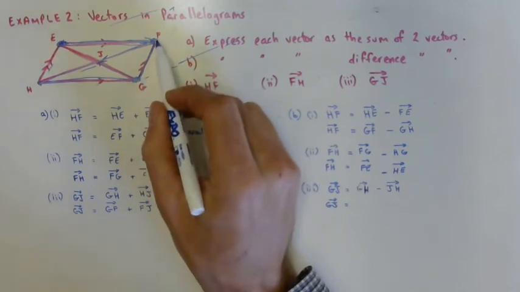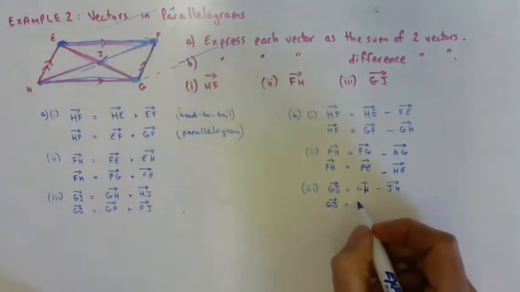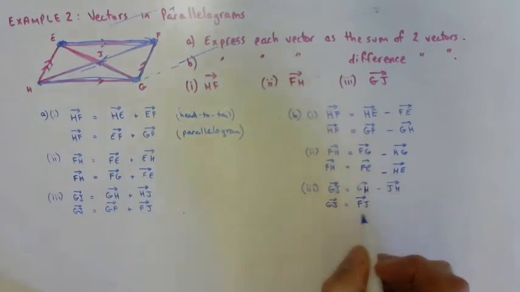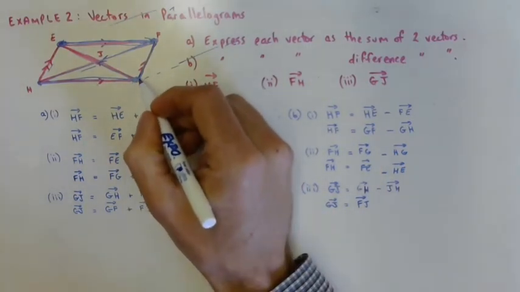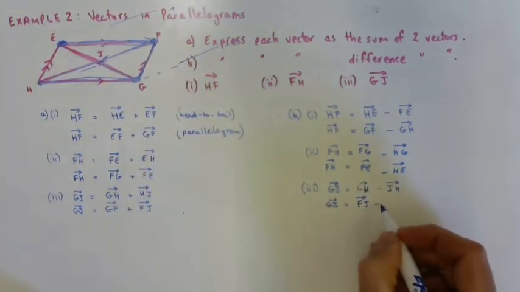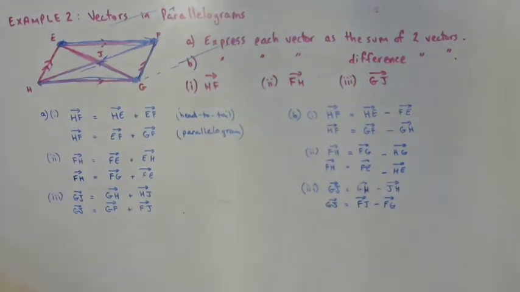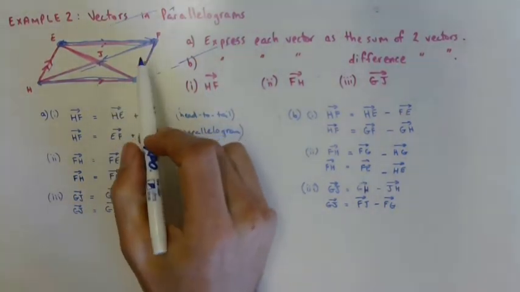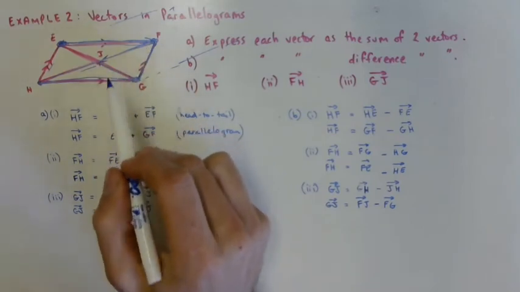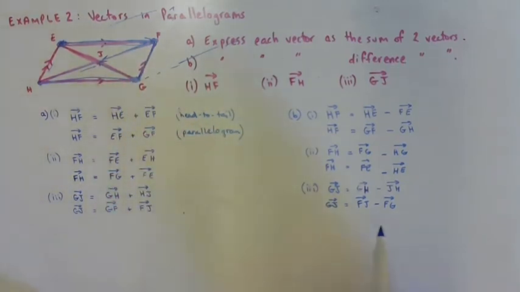So if I maybe start with FJ as is, and then instead of adding GF, I'm going to subtract FG. Okay, so again, just looking at your diagram, seeing how you're getting to places, and then using opposite vectors to create subtraction sentences is a good way to start thinking about this.